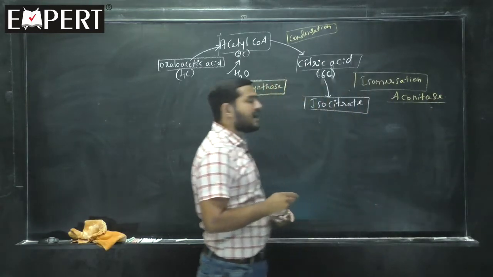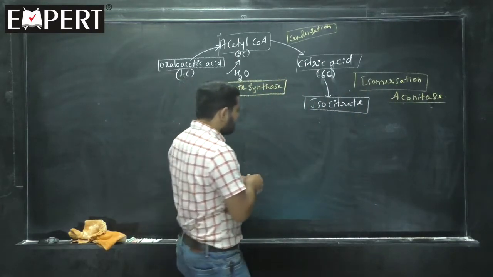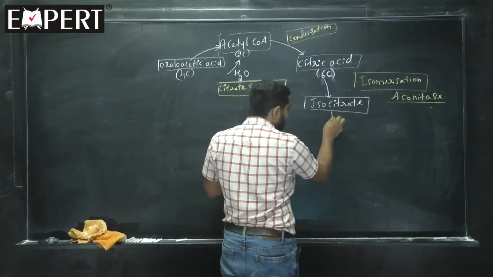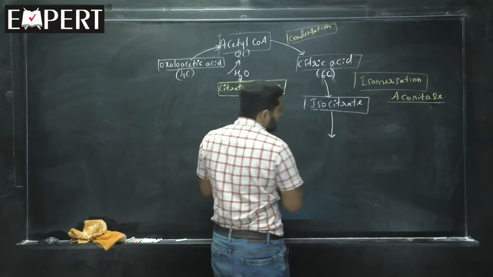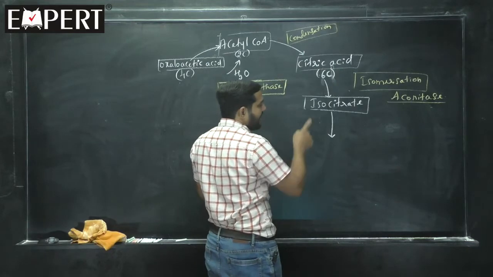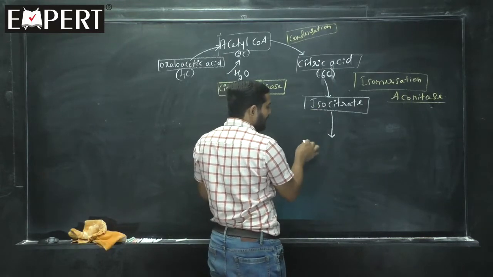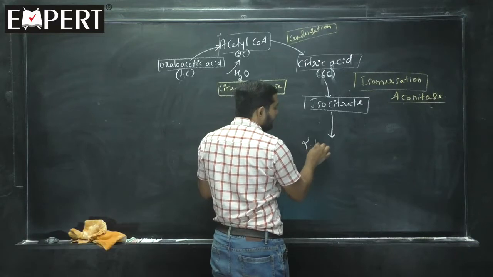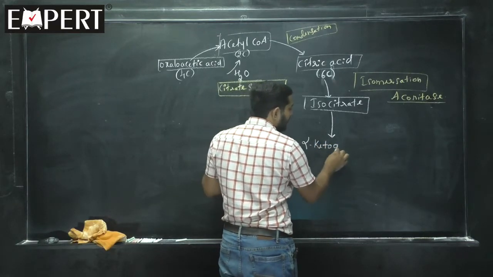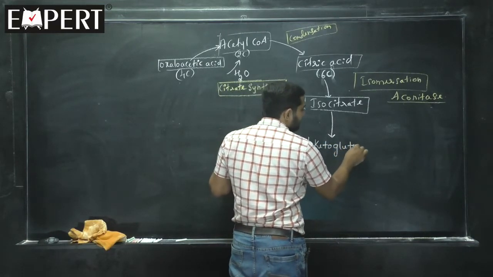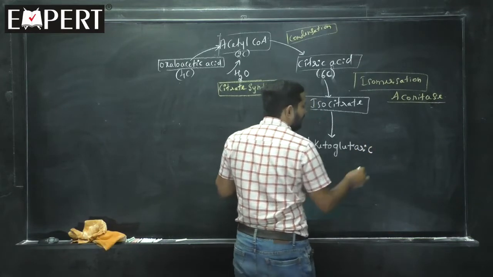Okay. Now, isocitrate is going to become, and that's a very important one, the next molecule called alpha ketoglutaric acid.